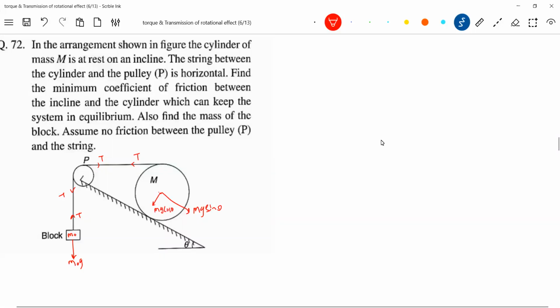What should be the direction of friction? See, again for equilibrium, torque by tension about O will be anti-clockwise. It will be like this. So the torque by the friction should be clockwise. So therefore the friction must act in this direction.